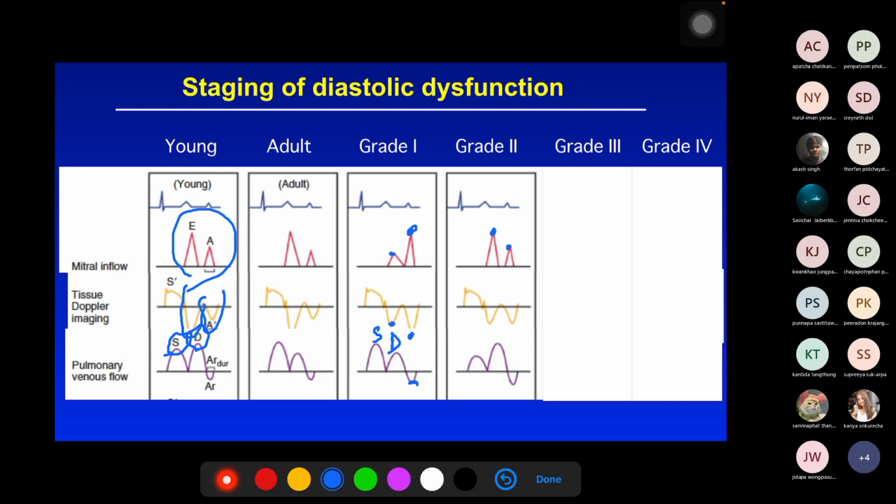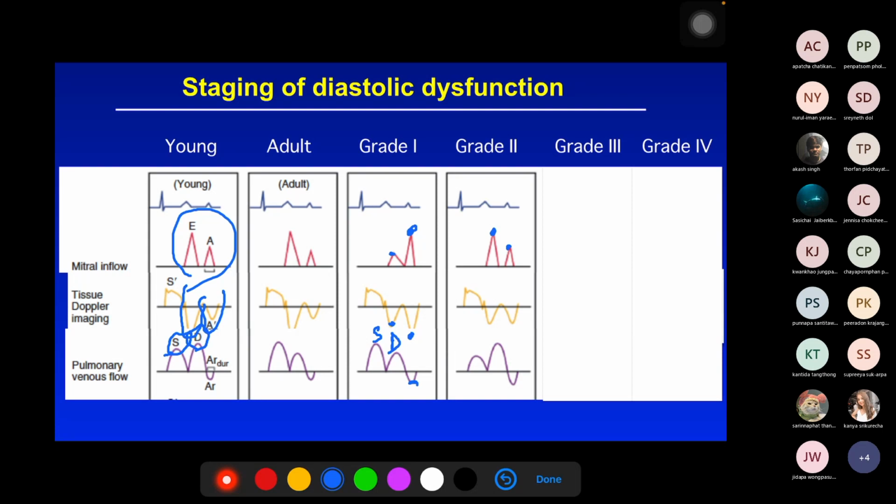We use the Valsalva maneuver to differentiate between grade 2 and normal. If the Valsalva maneuver shows a significant decrease in the E wave velocity, over 50%, and E over A less than 1, this is grade 2 diastolic dysfunction.